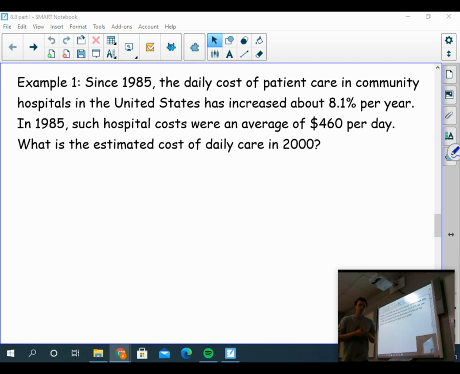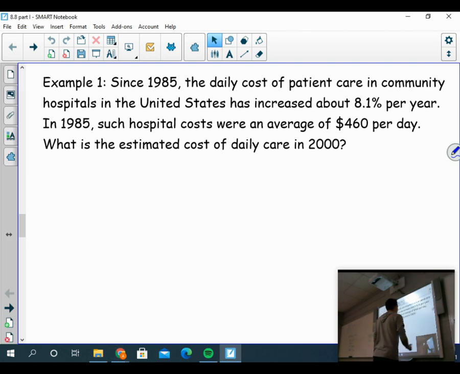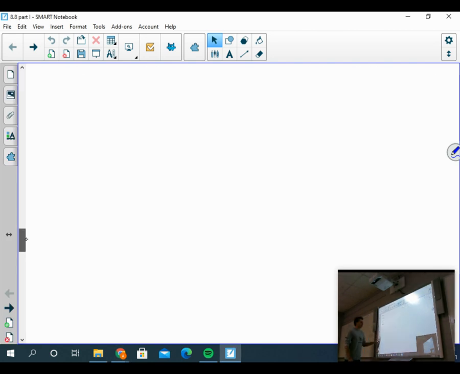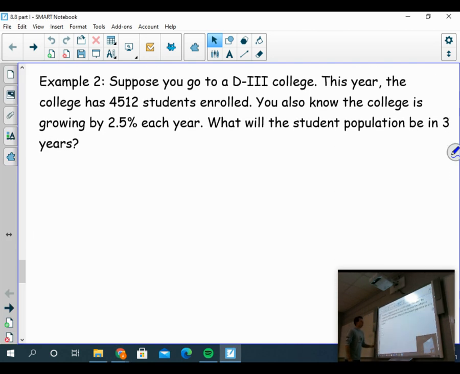They're not really different, but they're a specific type, and you looked at one example in that. I believe you looked at the hospital example, so we won't do that one here. But what I want to do is just shore up your understanding. I want to go through a few more examples on how to solve problems involving exponential growth and decay.